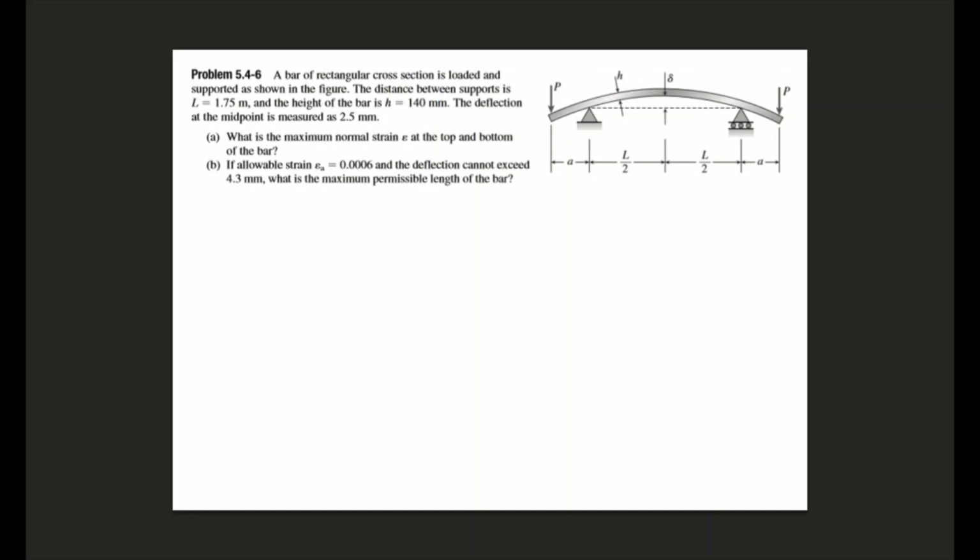Part B, they're asking, if you're given this allowable strain and the deflection cannot exceed this amount, so they've constrained this right there, what is the maximum permissible length of the bar? So now we're trying to solve for L here, right? If we work backwards a little bit, it's a lot easier this way.